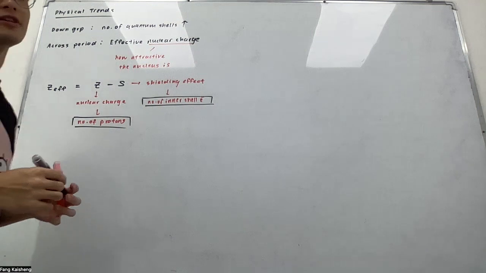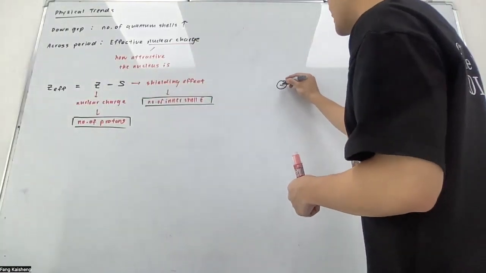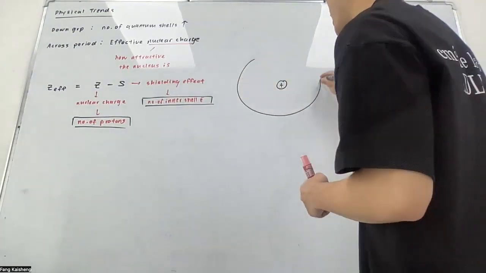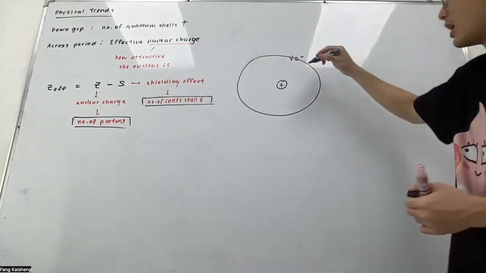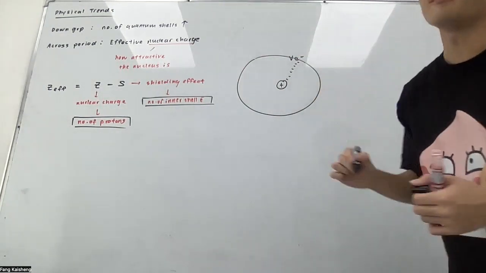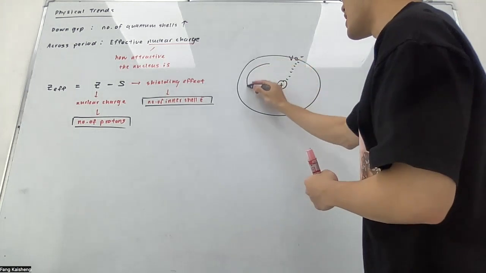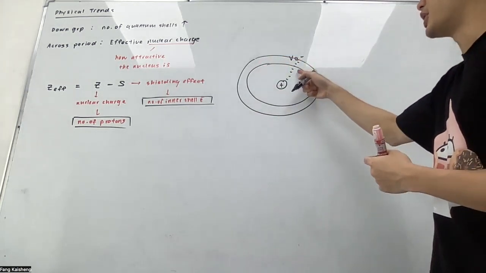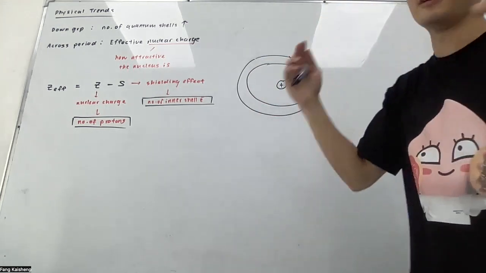Let me explain what shielding effect is first, using a very simple diagram. You can visualize this as a nucleus. The nucleus is positively charged, and it is trying to attract the valence electrons. Imagine this is a valence electron, and clearly there's some sort of attraction here. However, there's another problem. If you realize, there are many inner shells, and these inner shells are basically blocking the attraction between the nucleus and the valence electron.